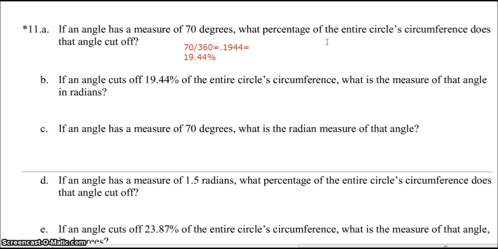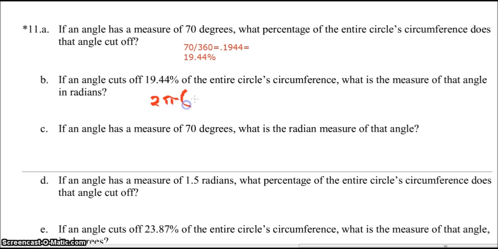If an angle cuts off 19.44% of the entire circle's circumference, what is the measure of that angle in radians? So here we know that the entire circle circumference is 2 pi r. That means there's 2 pi radians that make up the angle that cuts off the entire circle circumference.